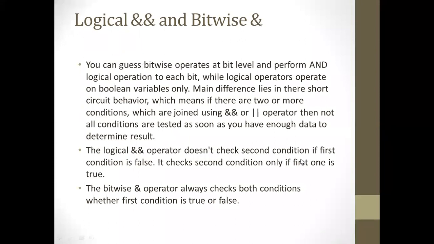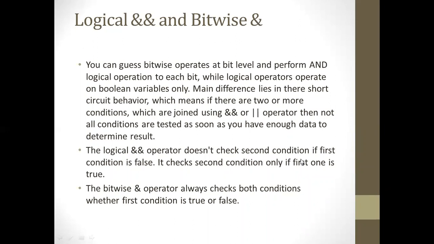Next we also have the logical AND operator and the bitwise AND operator. Where can we use them? The bitwise operator works at the bit level and performs the AND logical operation on each bit, while the logical operator works on Boolean variables only.